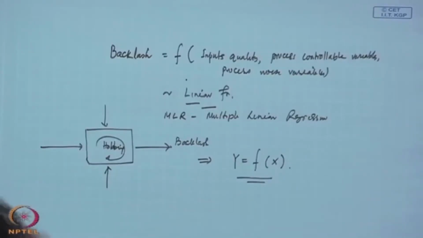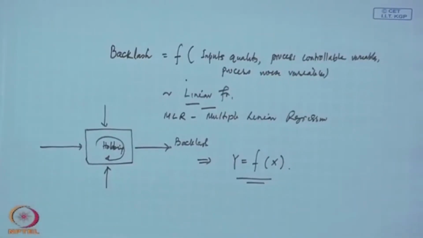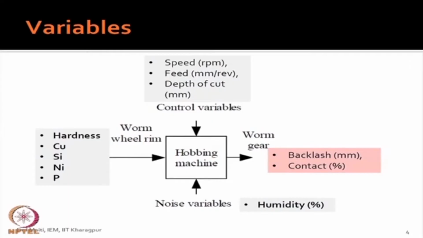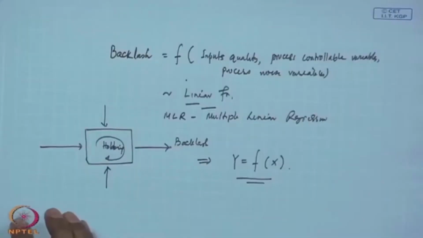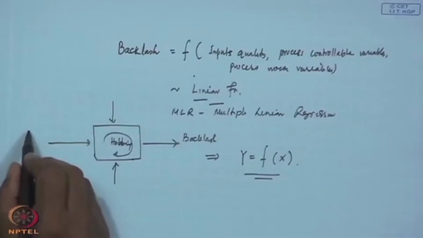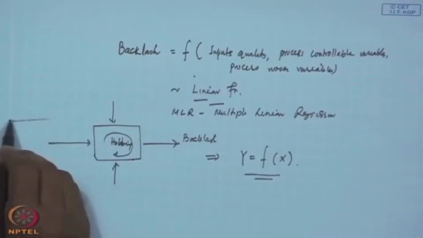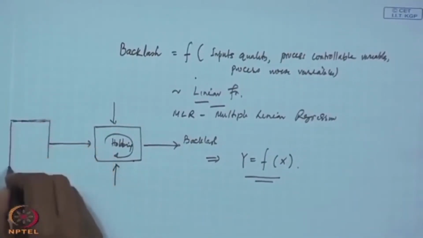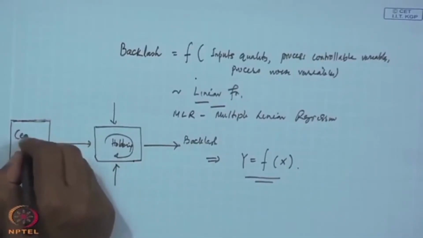In order to do so, let us see the characteristics of the variables governing the total hobbing process and their specifications given by the customers. The hobbing process is a customer to the preceding process, which here is centrifugal casting.